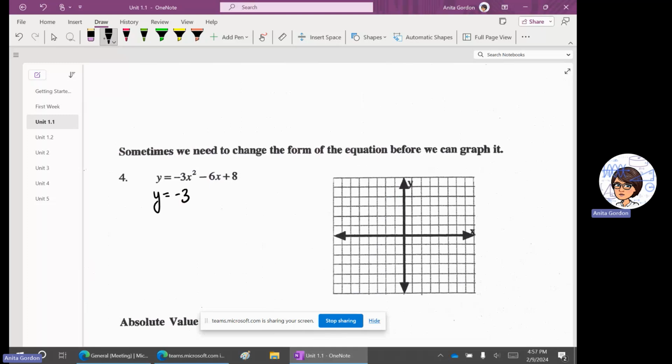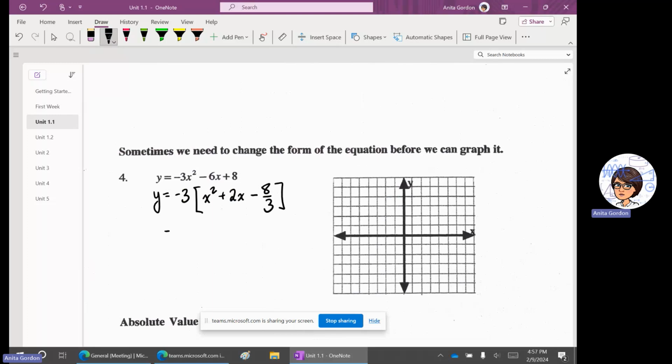I'm going to factor out the negative 3. So I end up with x squared plus 2x. Oh, actually, no. I'm going to complete the square. Well, let's complete the square in a second here. First, let's factor. We're going to get a 2x plus minus 8 over 3 because it doesn't factor very nicely.